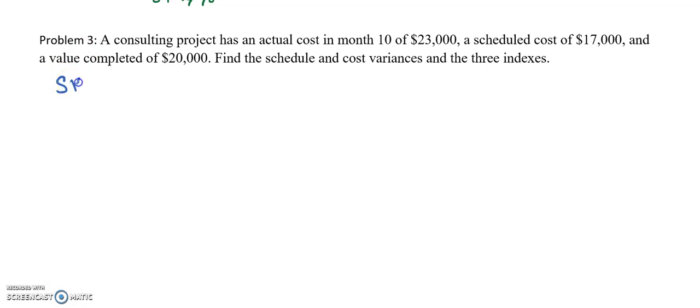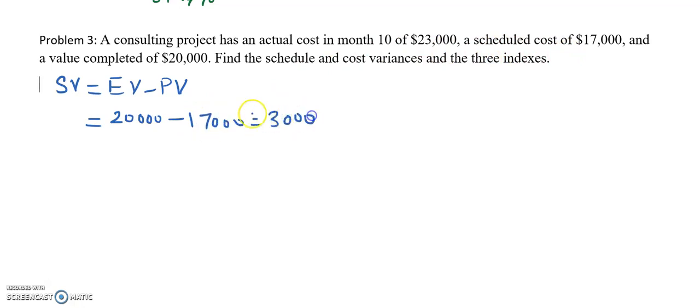Schedule variance is equal to earned value minus planned value. Earned value is the value completed, $20,000. Planned value is the scheduled cost, $17,000. So it is $3,000.